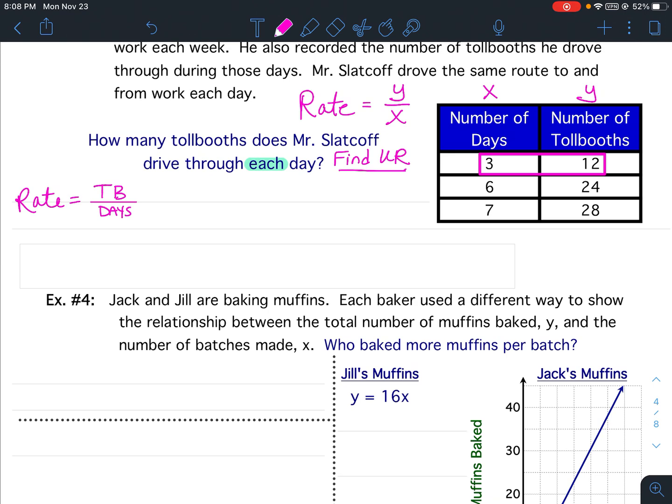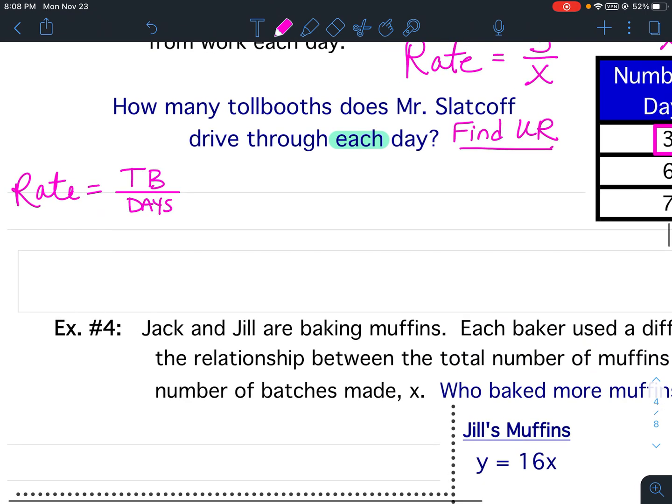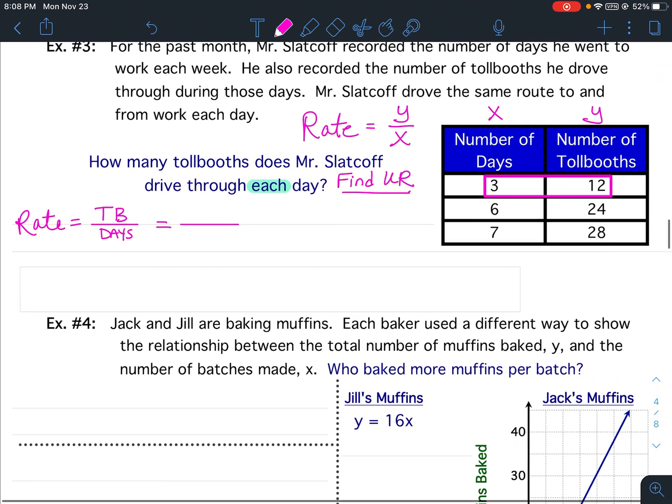The rate will be toll booths over days. So in this problem, my rate is going to be 12 toll booths in 3 days.